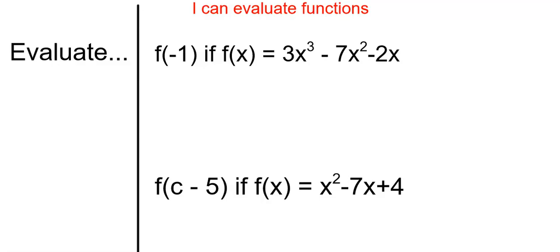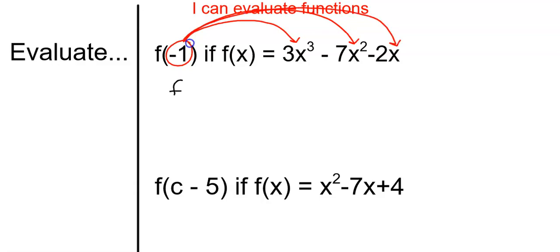So this function notation just tells us that what's inside of the parentheses here, this negative 1, is going to get substituted in for every x that we see on the right-hand side of the equation. So 3 times this negative 1 is going to get substituted in.